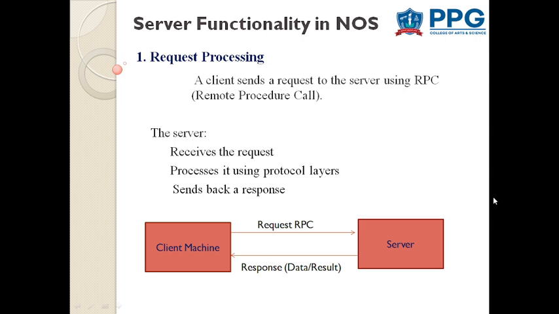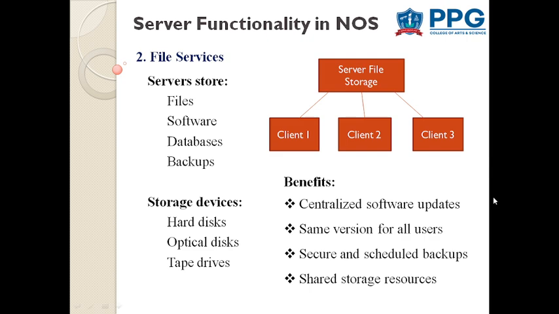The server receives this request, processes it through different protocol layers, and then sends back a response. These are the working principles of request processing services. For example, when you open a website, your system sends a request and the server responds with the web page. This is the best example for request processing.